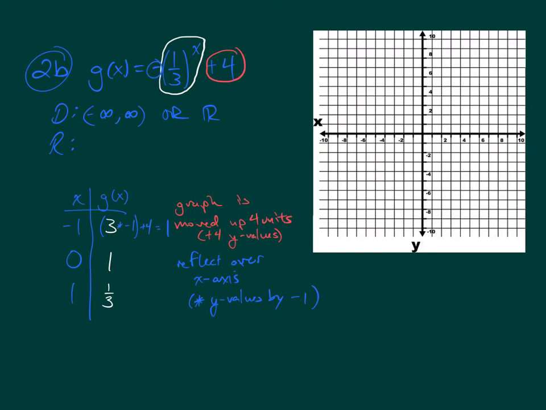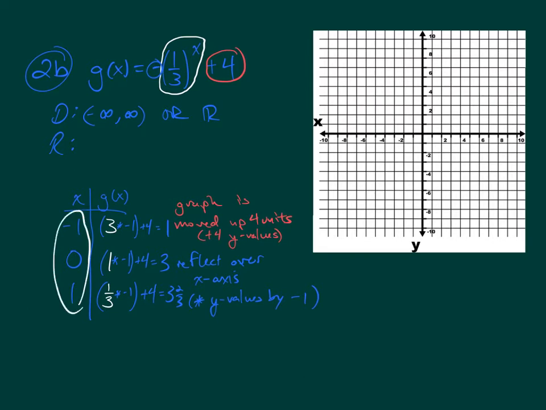On this next one, if I multiply 1 by -1 and then add 4, I get 3. And finally, if I multiply 1/3 by -1 and then add 4, I will get 3 2/3. Now I have this table of new values.